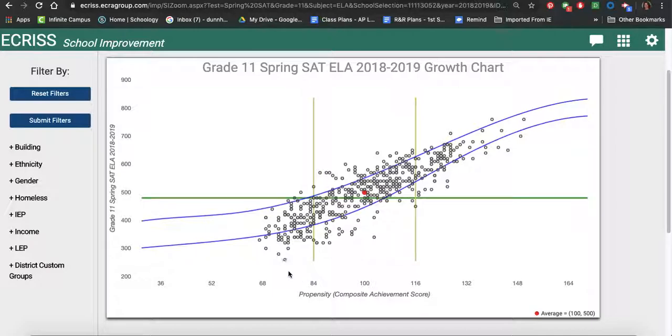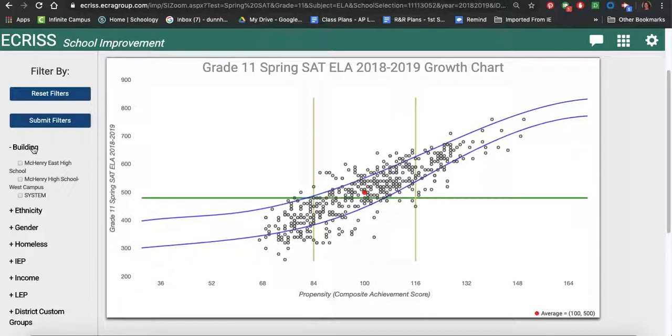Or their scores are very low, as represented by this dot right here, which is the student who had our lowest SAT score in ELA. And you can see that this student was also projected to score much higher, or they'd be up in the river.